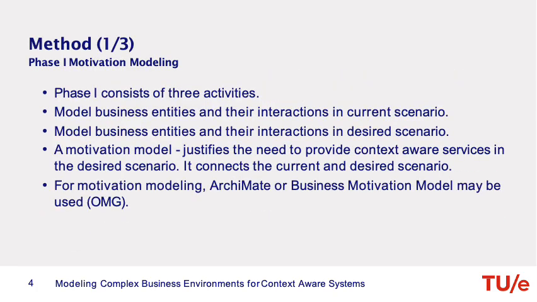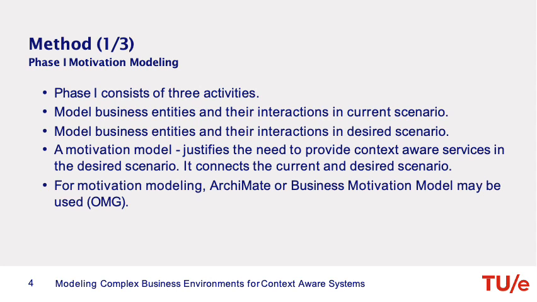My proposed method consists of three steps called phases. Phases consists of activities. This slide explains the first phase, motivation modeling. The goal of motivation modeling is to model all relevant business entities in the environment and their interactions.